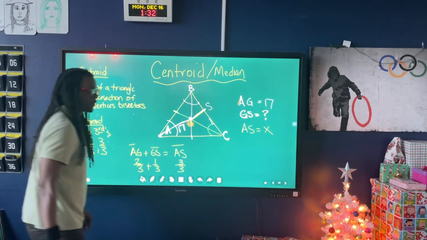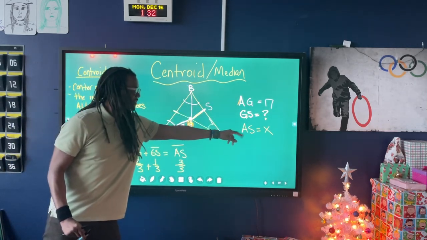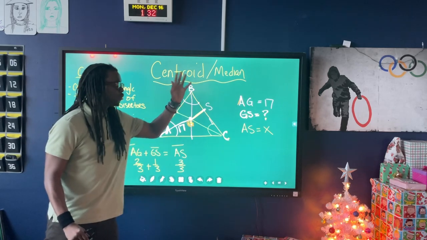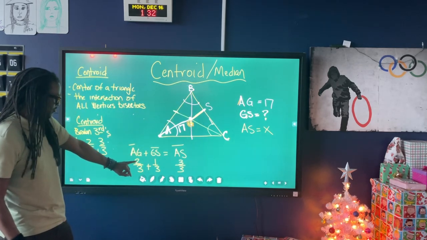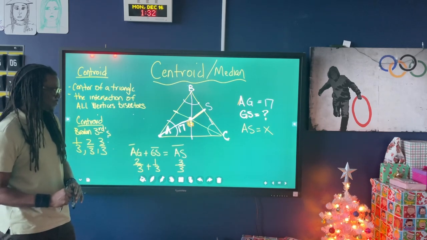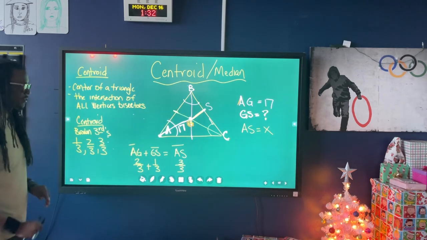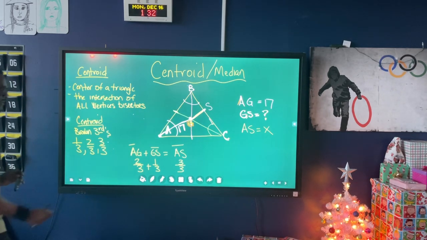So to find out what GS is going to be, we need to take 1/3 of X, and we know that 2/3 is what they gave us. How much is 2/3 of this line segment? 17.